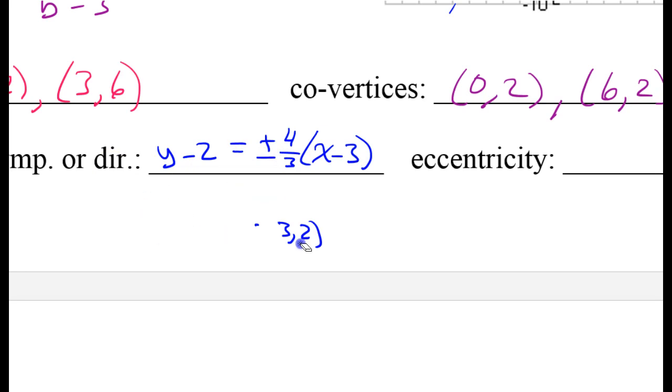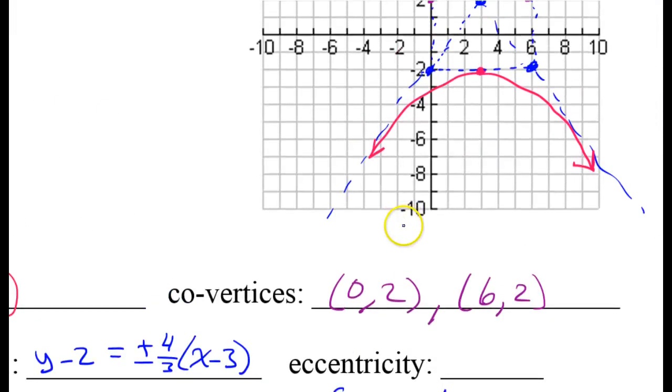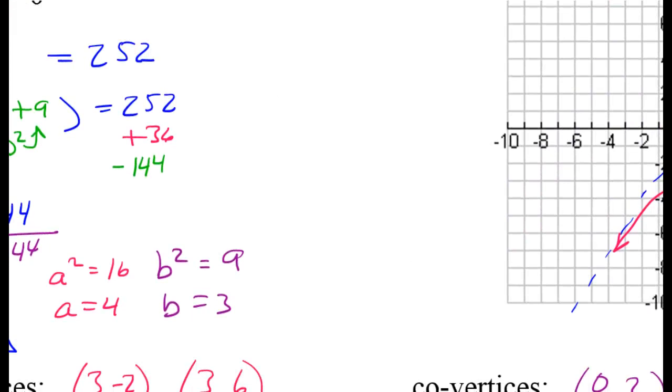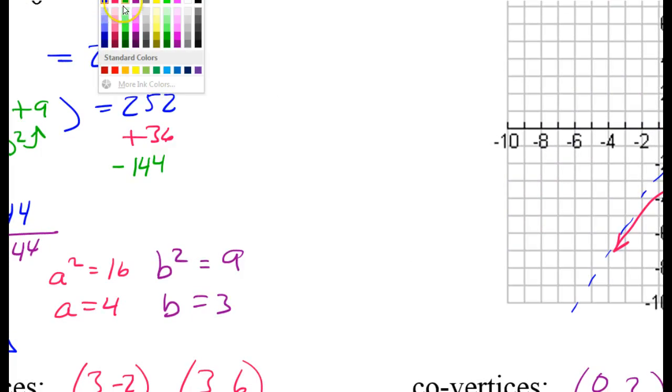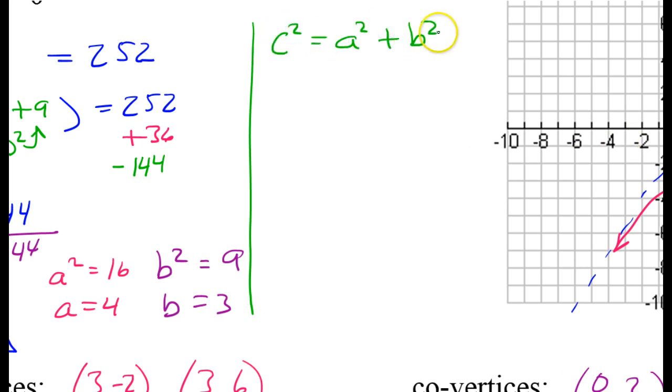All right, eccentricity. That is always going to be the c value divided by the a value. You know what, we haven't found the c value yet, which we also need for the foci. So let's go ahead and calculate that now. For a hyperbola, we know that c squared is equal to a squared plus b squared.